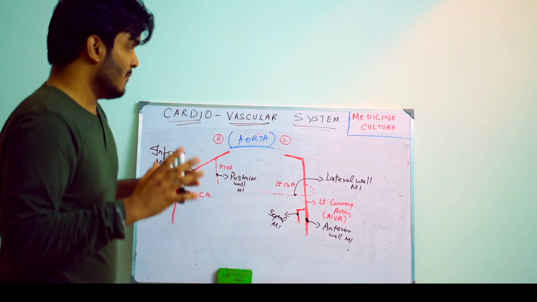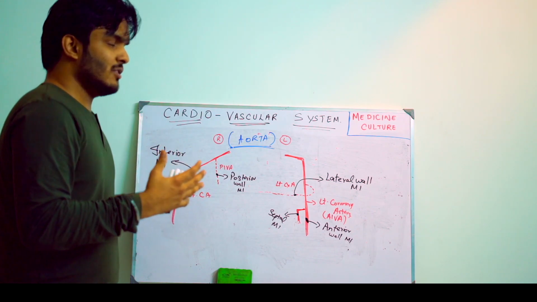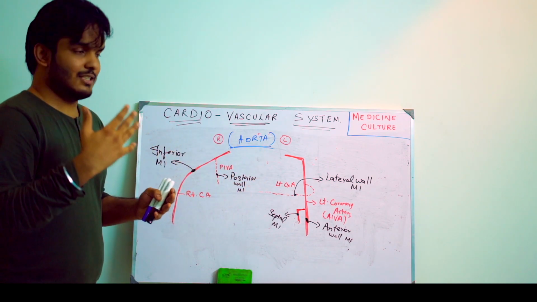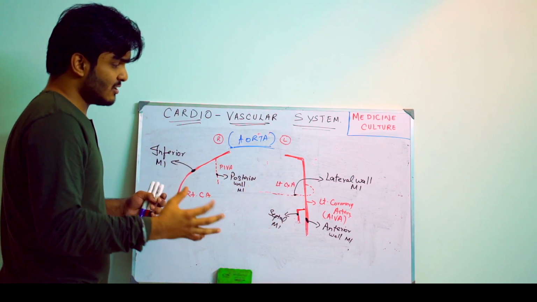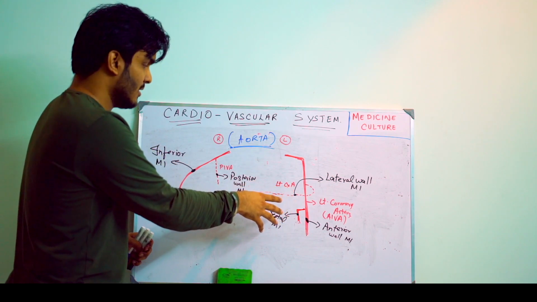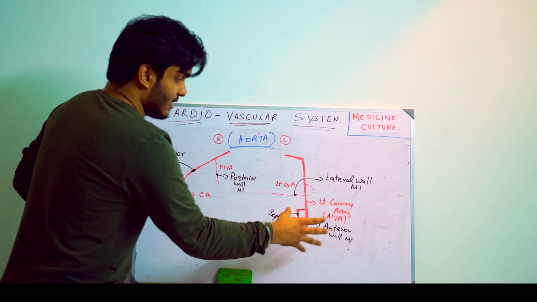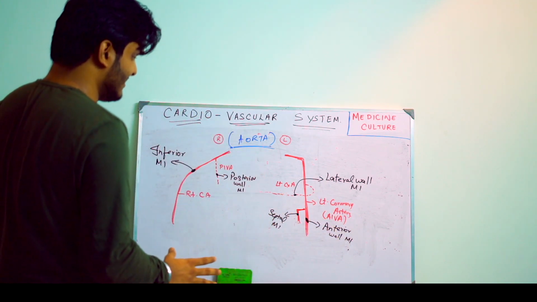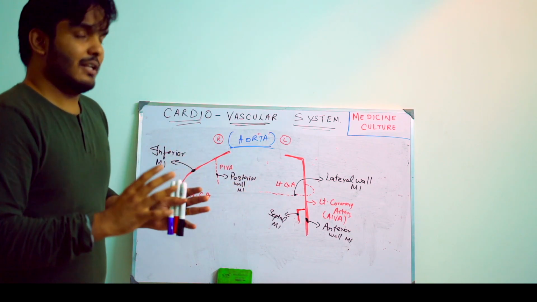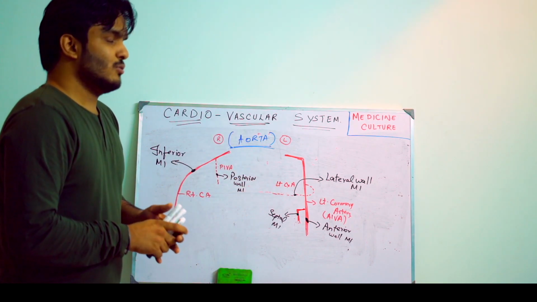This will be very useful for your clinical practice. When you see an MI, you shouldn't get confused hereafter. If you see lateral wall ischemia, in a fraction of a second you need to know that there is some problem in the left circumflex artery. If there is an anterior wall MI, you should know that there is a problem in the anterior interventricular artery. This diagram will help you differentiate which artery is responsible for the MI.